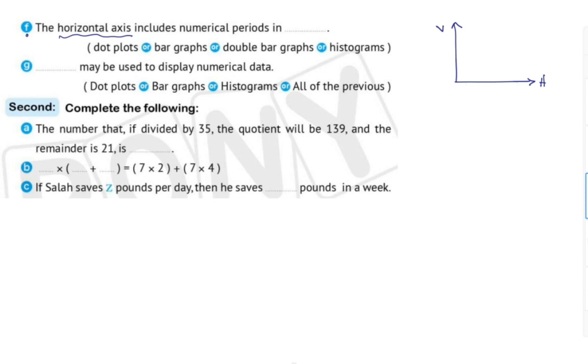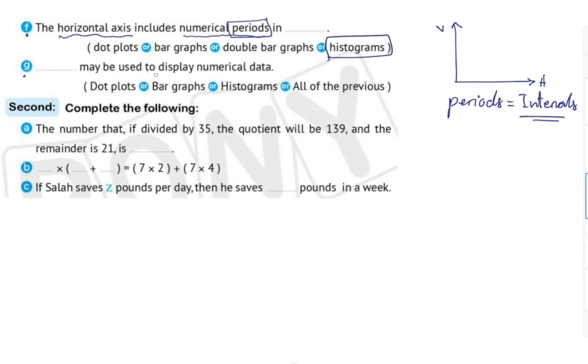The horizontal axis includes what? Numerical periods. The word period is the same as interval. And I know we use intervals in histograms.